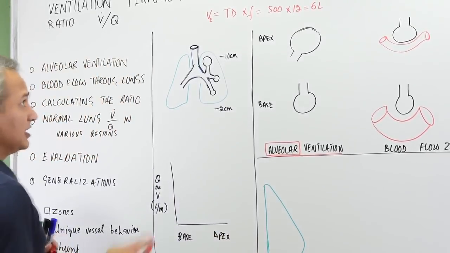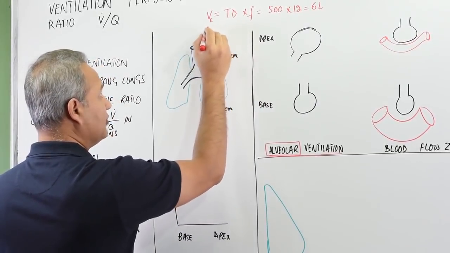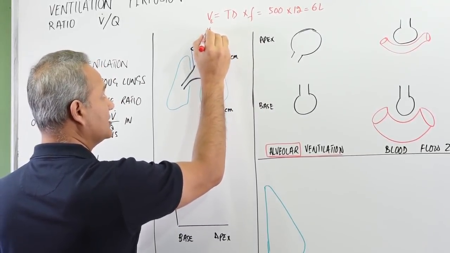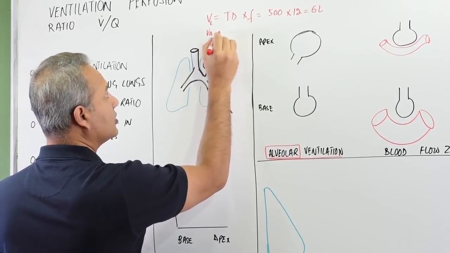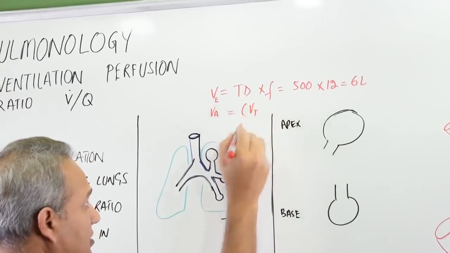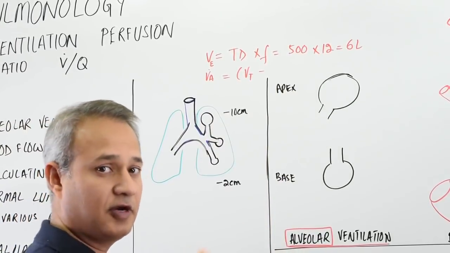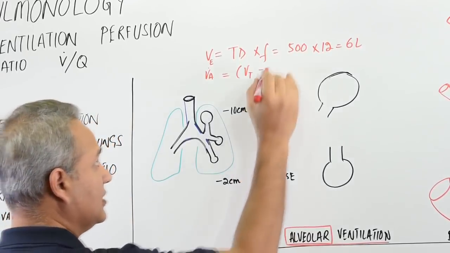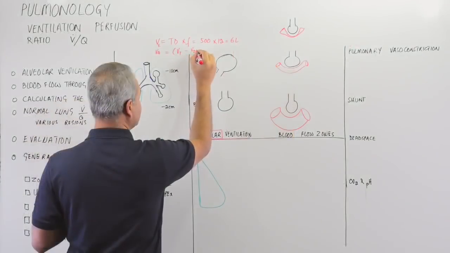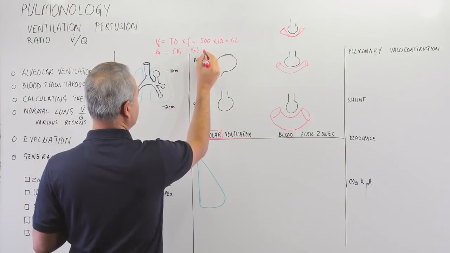Now, what is alveolar ventilation? I hope you remember that from our previous discussions. Alveolar ventilation is the tidal volume, subtract the dead space. You know that normally about 150 ml is the dead space. So subtract them and then multiply it with the frequency.